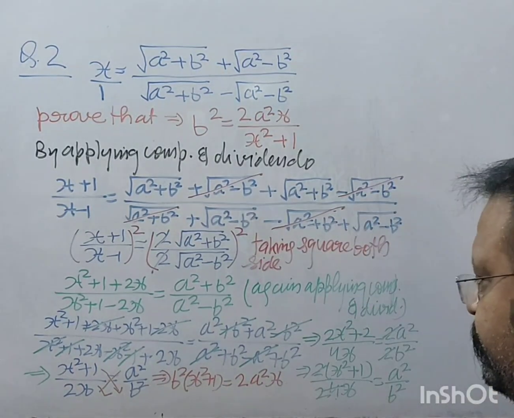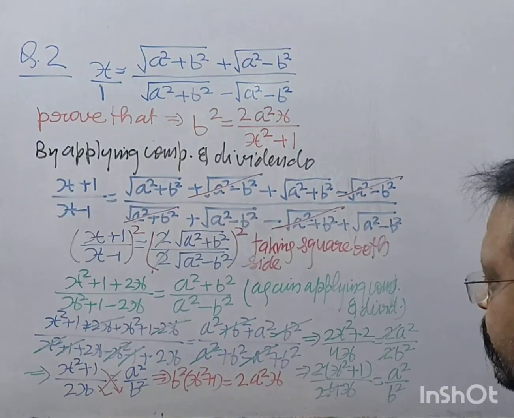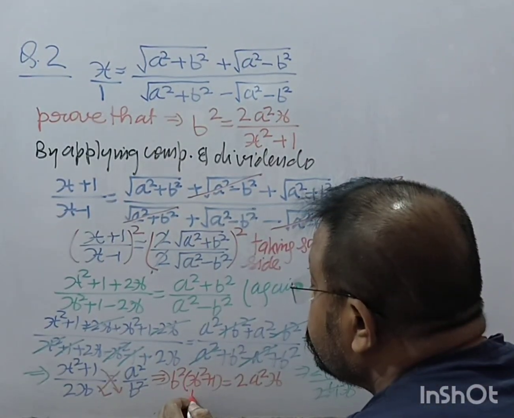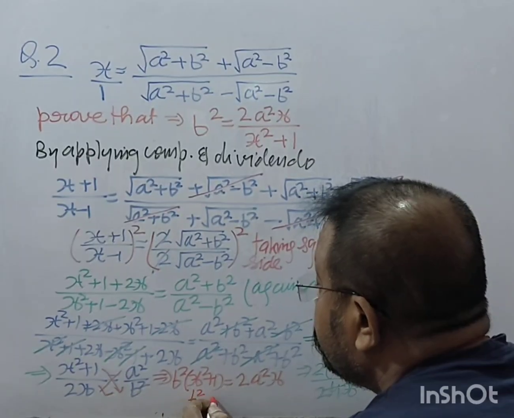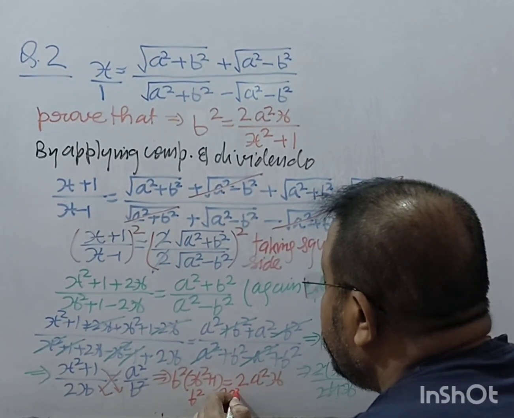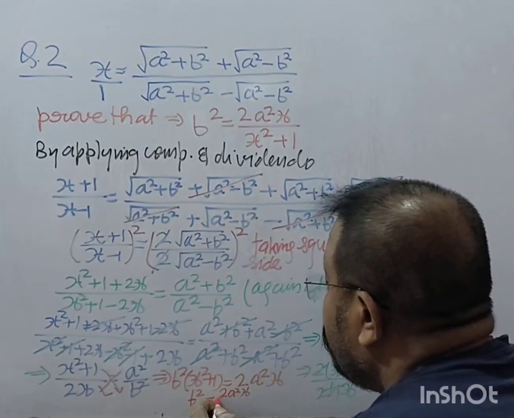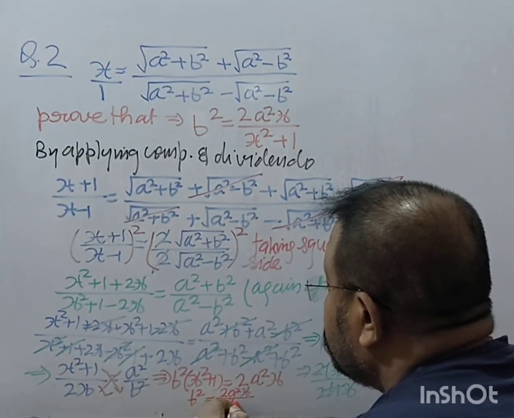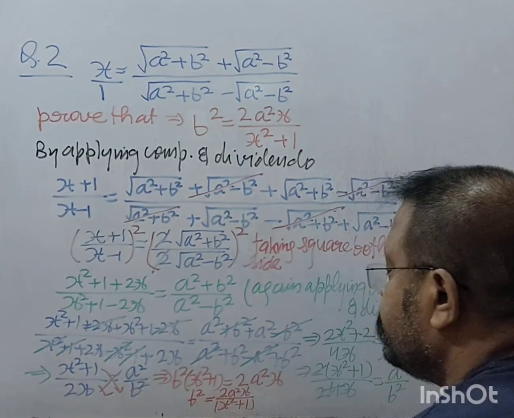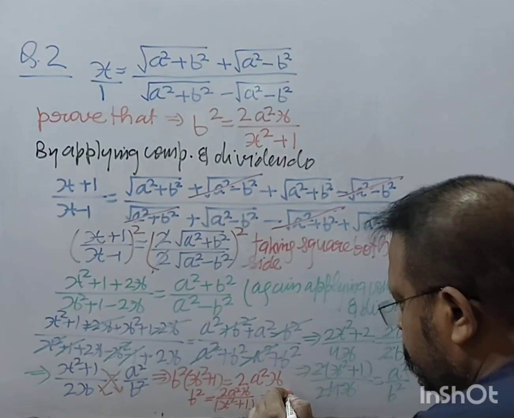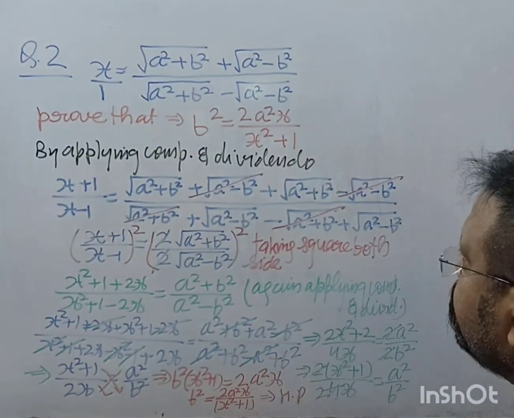You get this, right? And finally, when you bring it like this, b square is equal to 2a square x upon x square plus 1. So hence, oh, there is wrong.